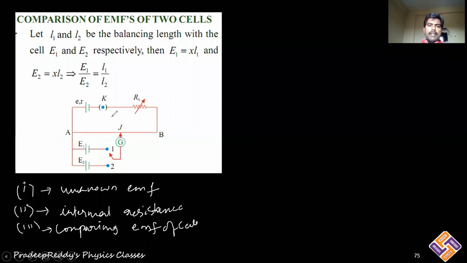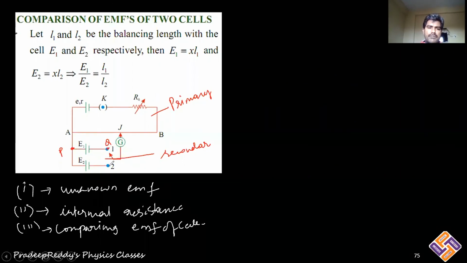Okay. Now let us take, we have a circuit here and this is primary and this is secondary. In the secondary circuit, we have this slot PQ as usual. And this galvanometer is provided with a switch, 1 and 2. First you can connect this switch to 1.